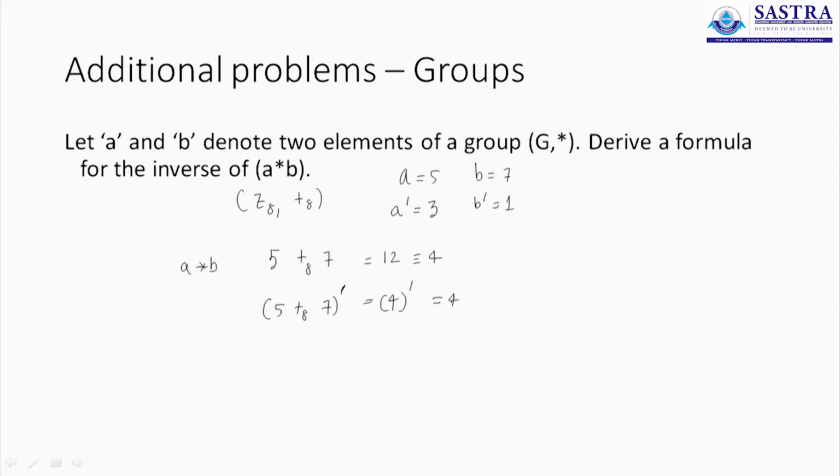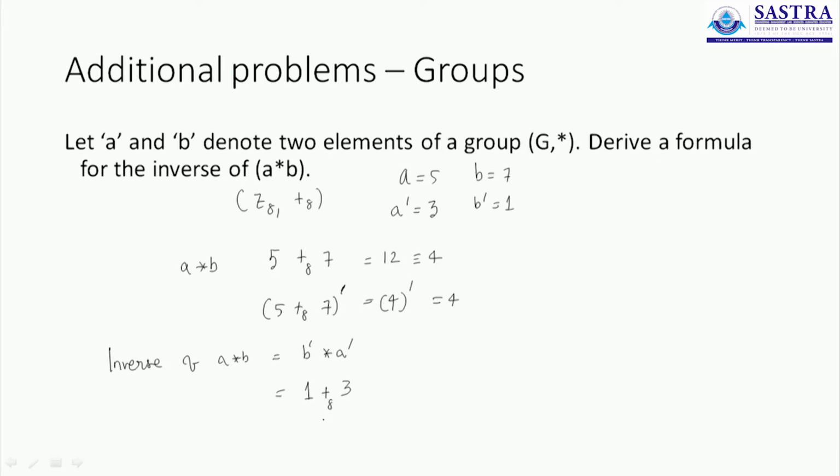But let's try and find the answer using the formula we derived. We derived the formula saying that the inverse of A star B is B dash star A dash. The inverse of B operating on the inverse of A from the left. B dash we know to be 1, A dash we know to be 3, we know star to be plus 8.